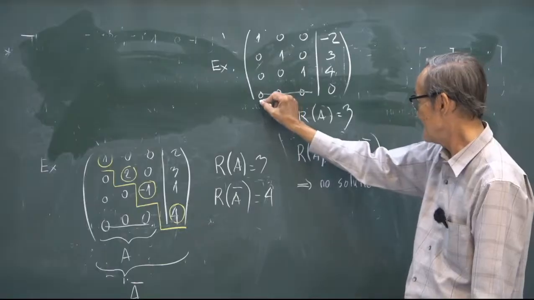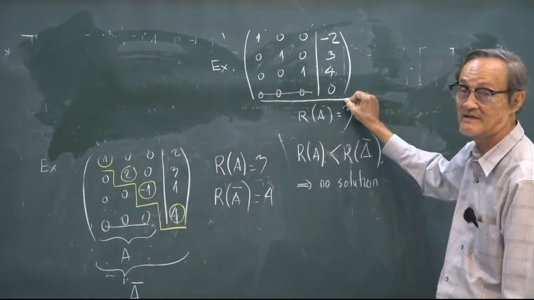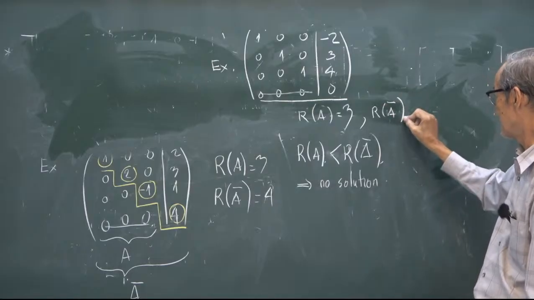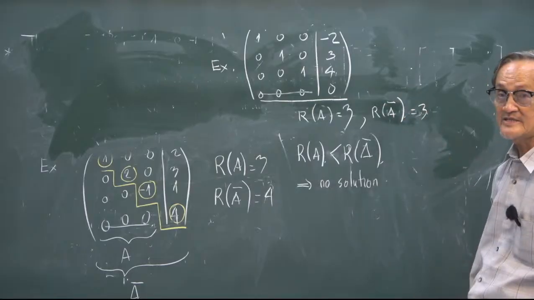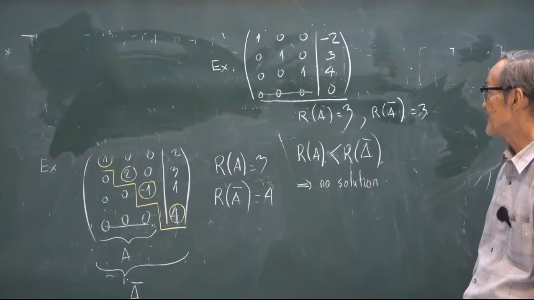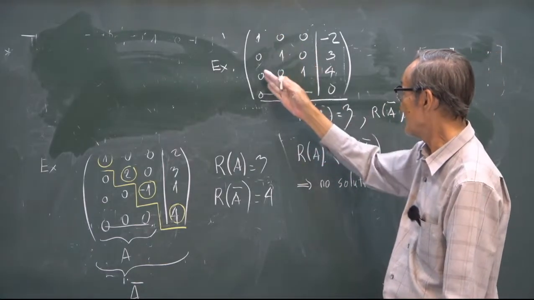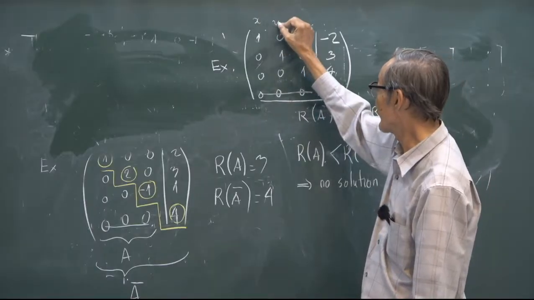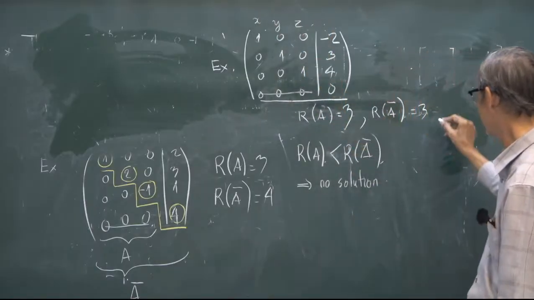And A upper bar, rank A upper bar is also 3, and 3 columns for 3 variables x, y, z.